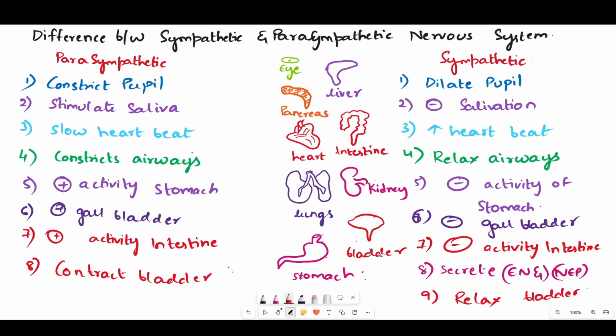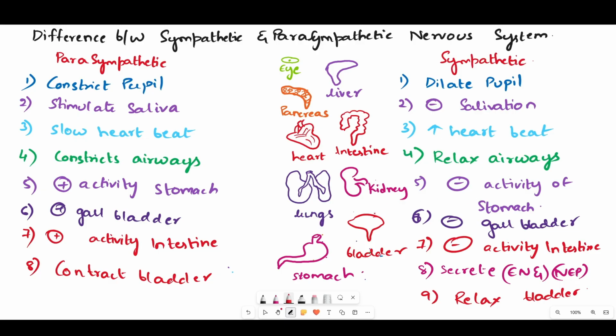And if it is the liver, there will be stimulation of the gallbladder in the parasympathetic system. And if it is sympathetic, there will be inhibition. And same thing, next one is the intestine. The stimulation in the intestine will be seen in the parasympathetic system and the inhibition in the sympathetic system. And coming to the kidney, especially in the sympathetic system, it will be causing the secretion of epinephrine and norepinephrine.